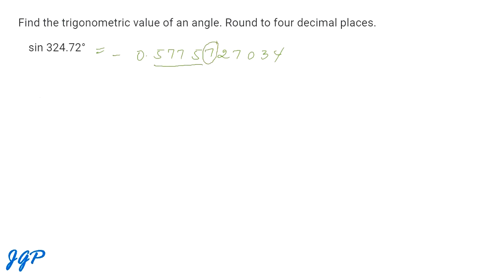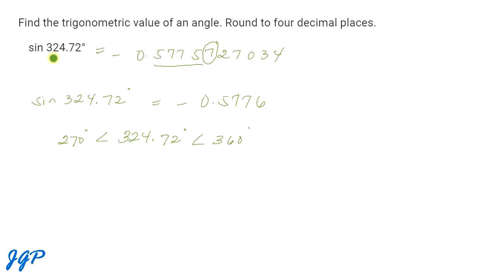So this one, yung pang fifth natin is 7. So the value for our sine 324.72 degrees is equal to negative 0.5776. And nagtataka ka ngayon, ma'am, why is it negative? Our angle here is positive. Kasi po, if you will look at 324.72 degrees, that is greater than 270 degrees but less than 360 degrees.